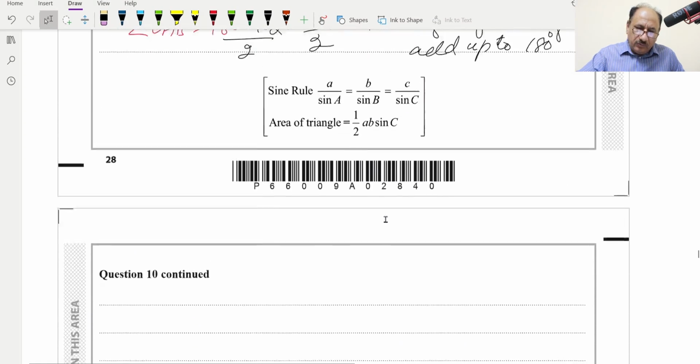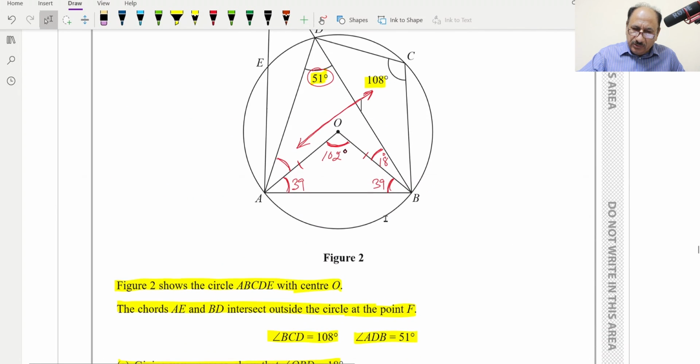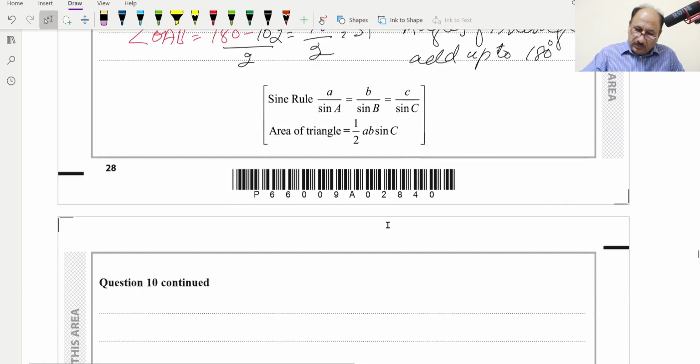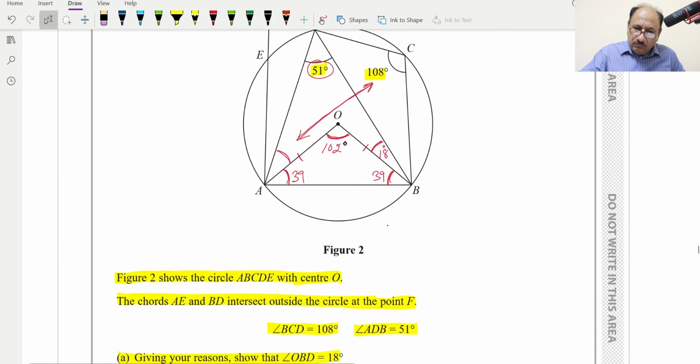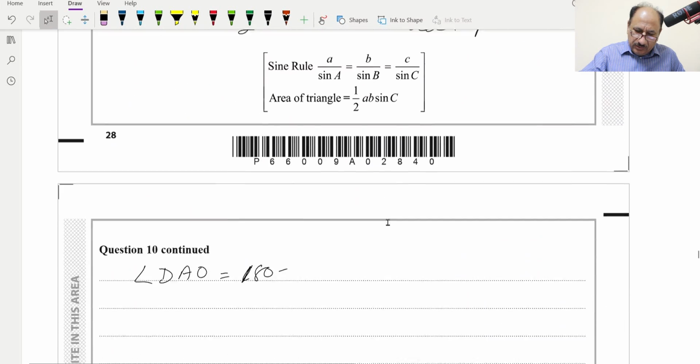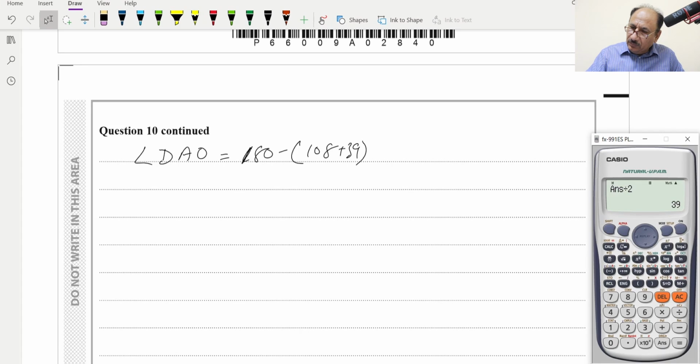So we can write angle DAO is equal to 180 minus (108 plus 39), which is equal to 33.